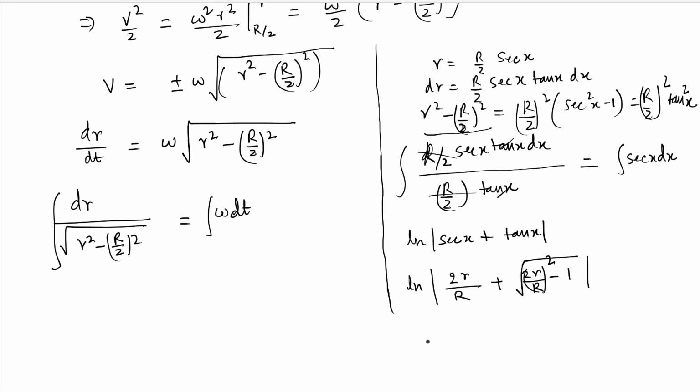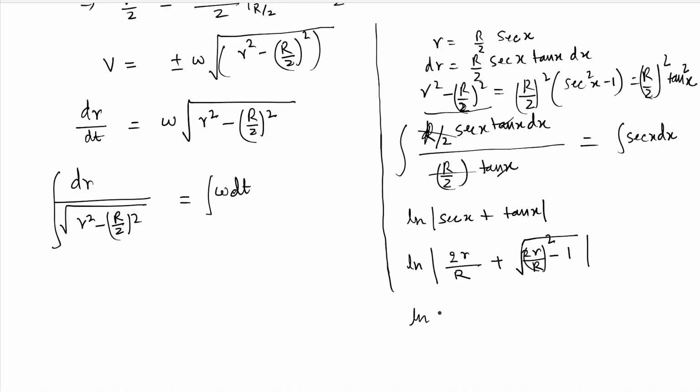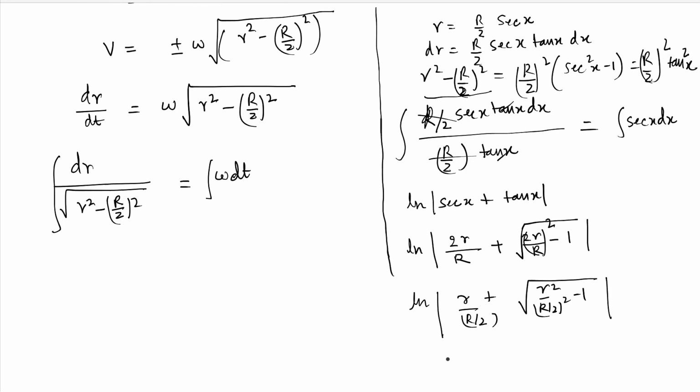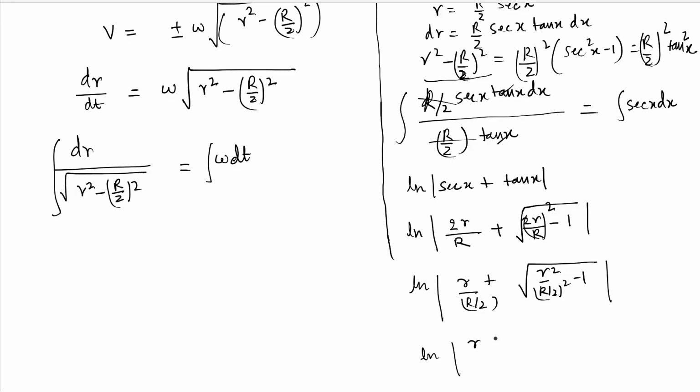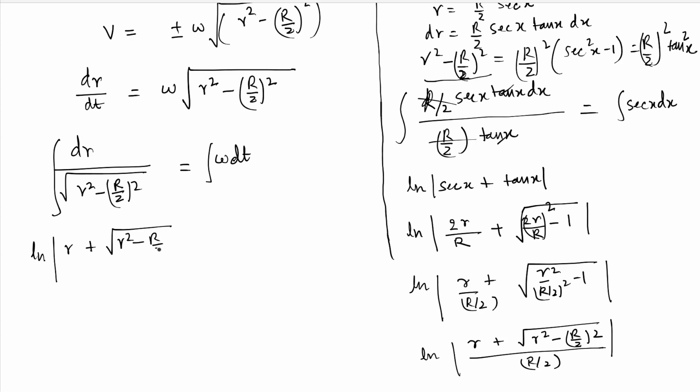And what is sec x here? Sec x is nothing but r divided by r by 2, and tan x is the root of sec square x minus 1, which is the root of r by r by 2 whole square minus 1. And therefore this is ln of r plus the root of r square minus r by 2 whole square, divided by r by 2.